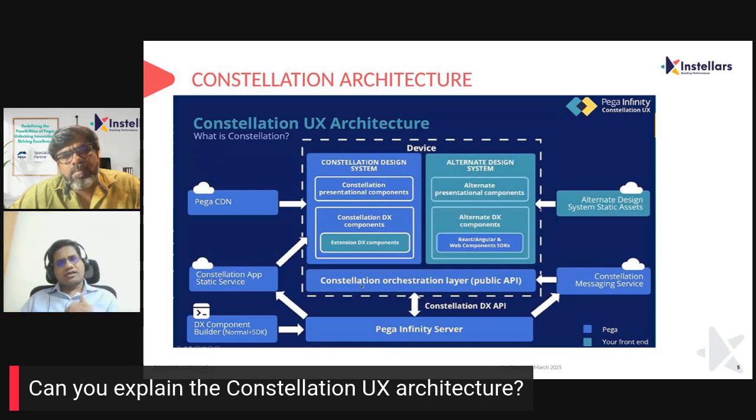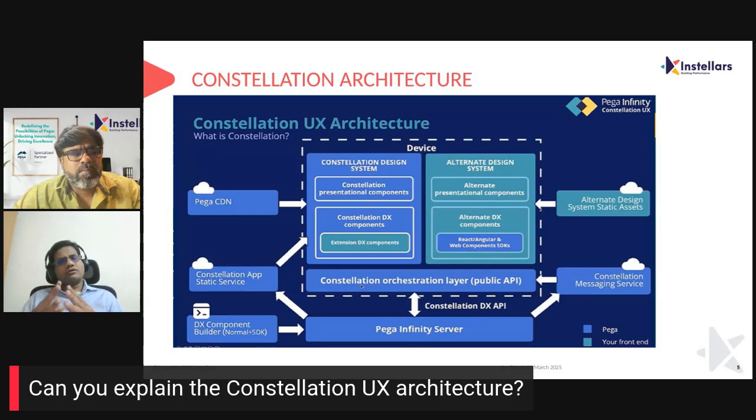In the diagram, at the bottom, we have the Pega Infinity server. As everyone knows, the Pega Infinity server is the core engine that handles the business logic, case management, and workflows. It also provides the Constellation DX API, which helps enable view-based UI development by providing metadata of elements like layouts, actions, and menus.